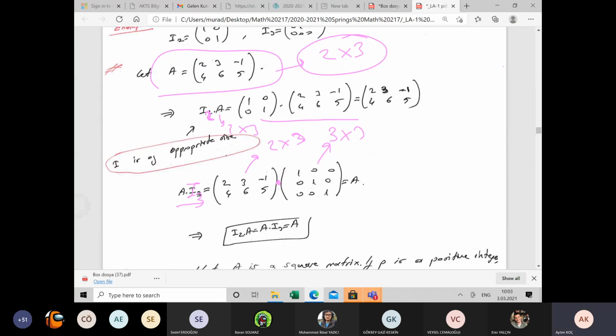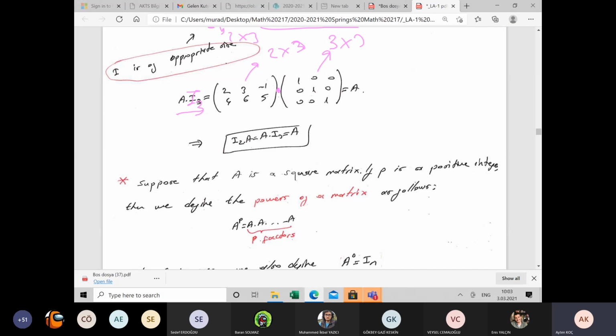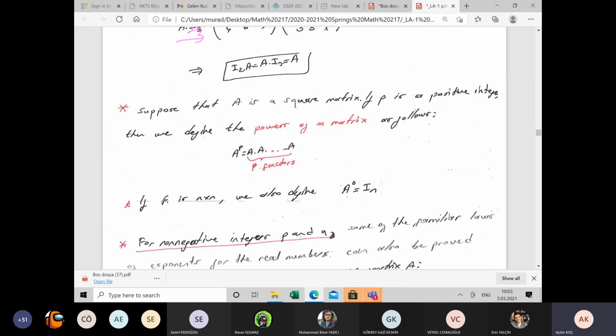Yes. Now let's define the powers of any matrix, but be careful. Here A should be a square matrix, first of all. P is a positive integer.